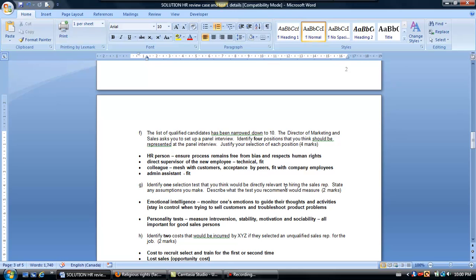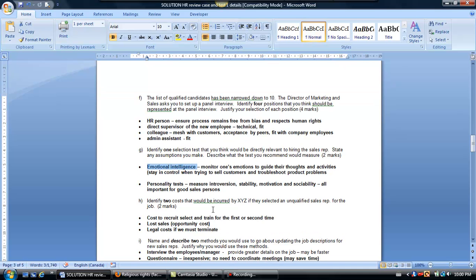Identify a selection test that you think would be directly relevant to hiring the sales rep, and state any assumptions you make, and describe the test you recommend and what it would measure. Well, emotional intelligence might be a test that you want to administer.